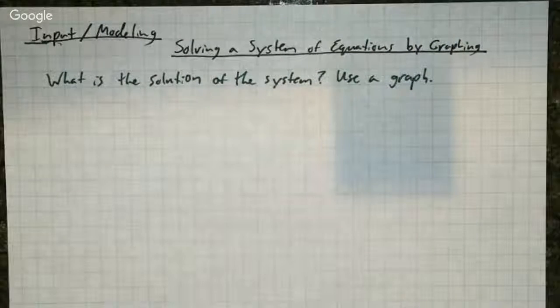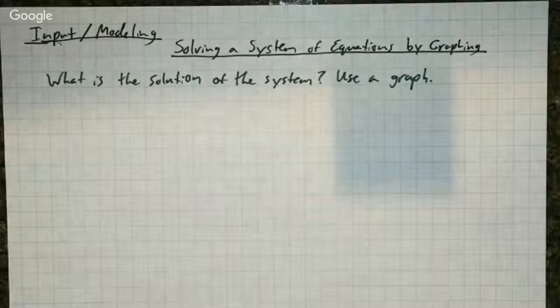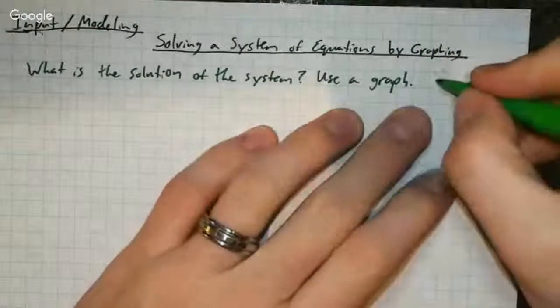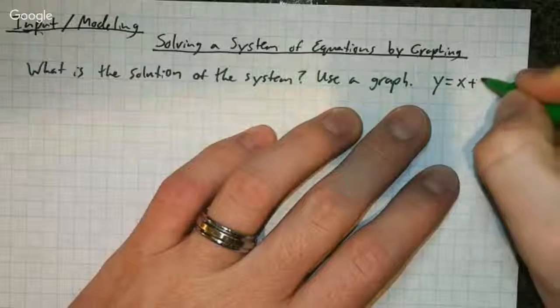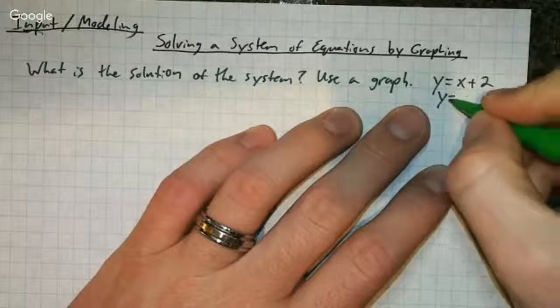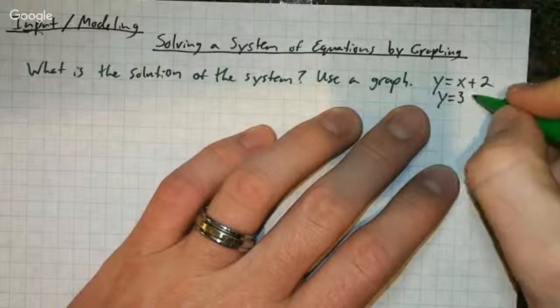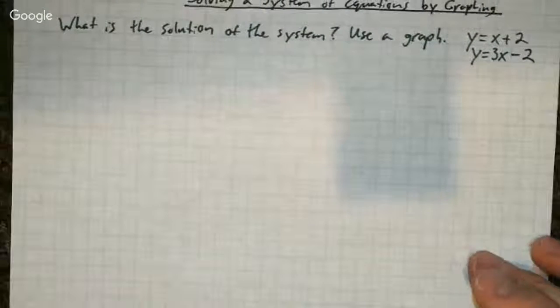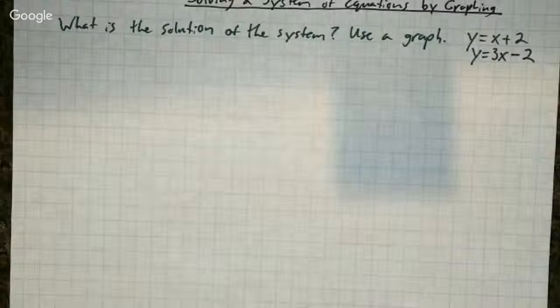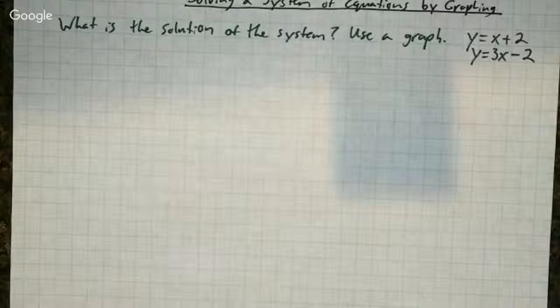Okay, here are our two linear equations. First one we're going to have is y equals x plus 2. Second one is going to be y equals 3x minus 2. Okay, so our system of equations are these two. They're on the same plane, and we're going to go ahead and use graphing to find if there are any solutions.